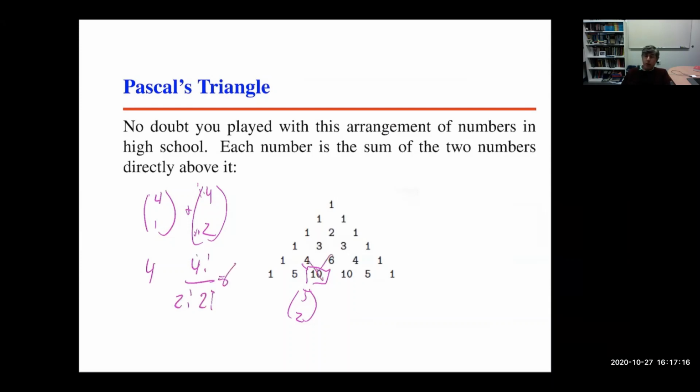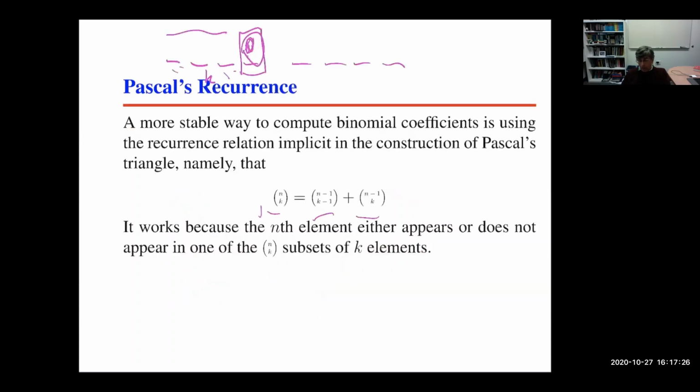Does everybody see how Pascal's triangle is computing the recurrence relation? This is a recursive equation to compute this binomial coefficient in terms of these two binomial coefficients. Does everybody kind of see that?